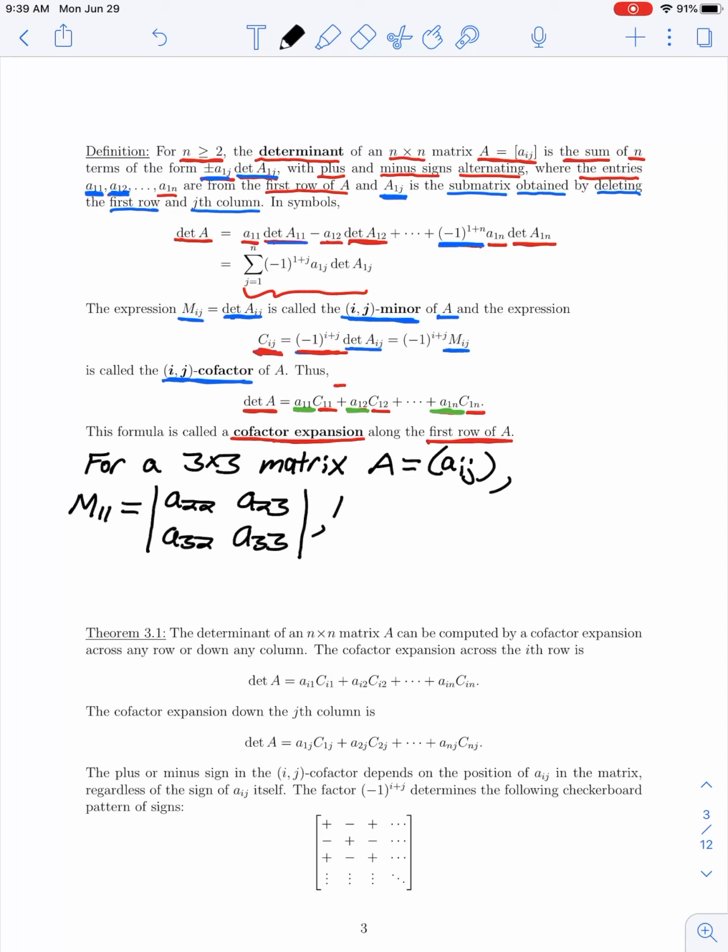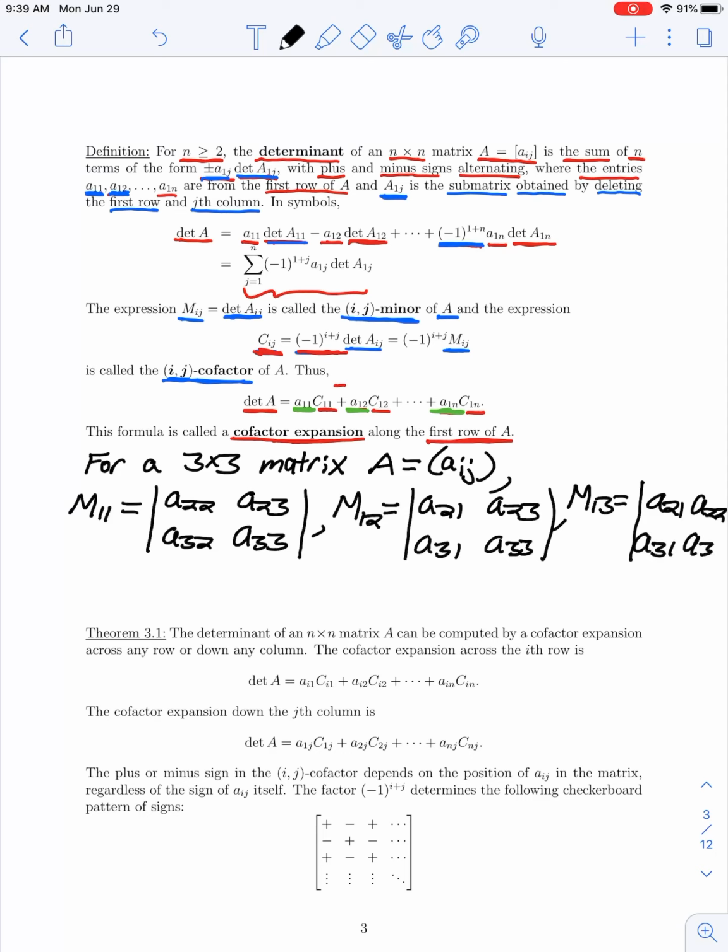Now our second minor in that first row cofactor expansion would be M12, which would be the determinant of the submatrix A21, A23, A31, A33. And the 1,3 minor would be the determinant of A21, A22, A31, A32.